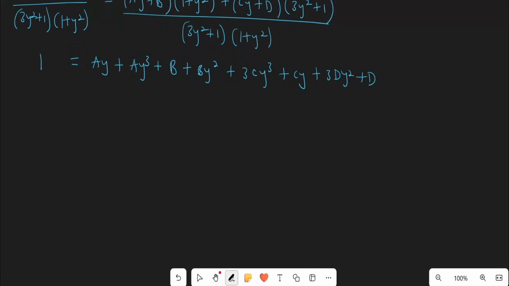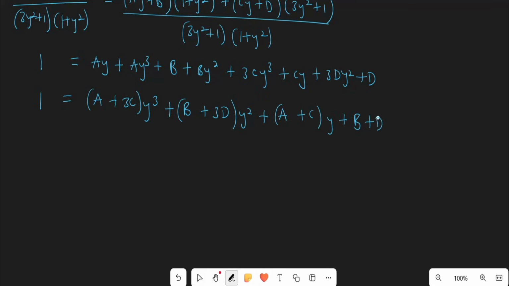So now let's gather like terms. 1 is going to be equal to a plus 3c. This one is the coefficient of y to the third, that is this and this. Next is going to be the y squared term, that is going to be b plus 3d. This is y squared. What about the coefficient of y? That is going to be a plus c. This is y, and the constant term is b plus d.